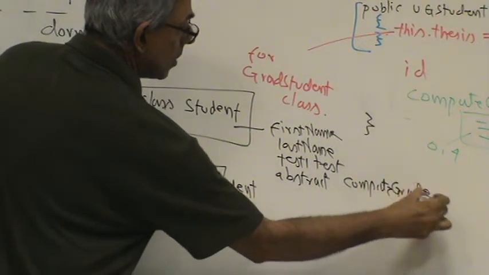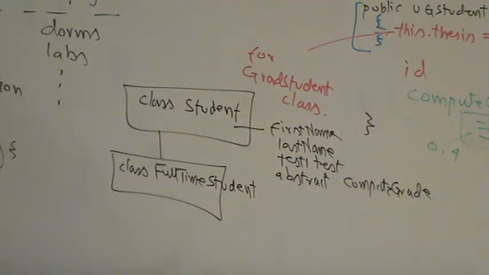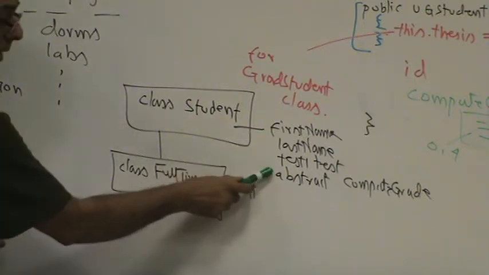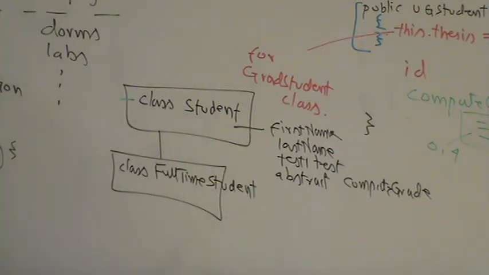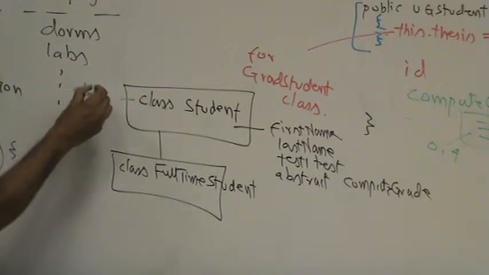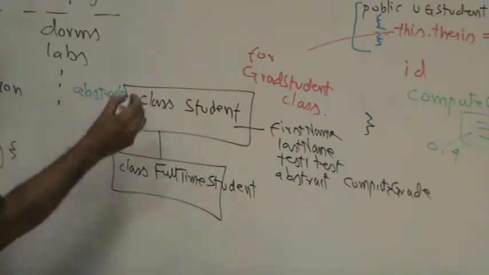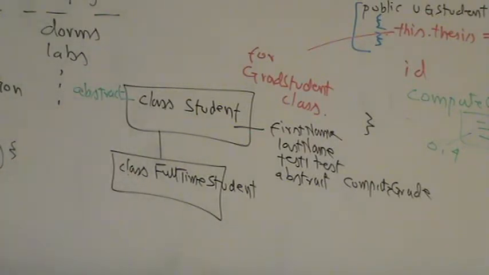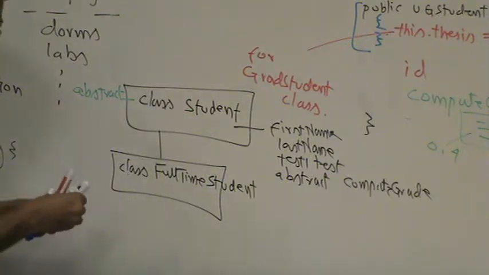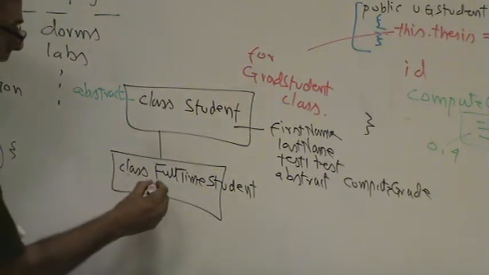Okay, now let's go to full-time student. What will we be adding over here? And by the way, because it's abstract, how will you mark the whole class? Abstract. Now let's go to the full-time student. Okay, what field will you be adding over here? ID.